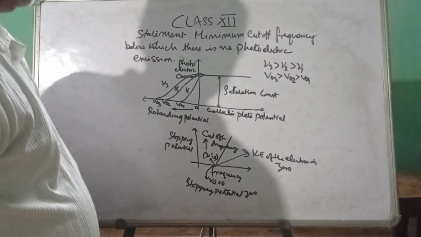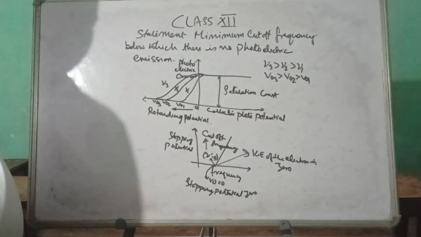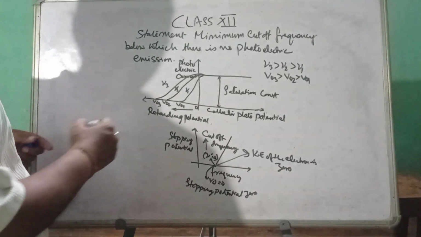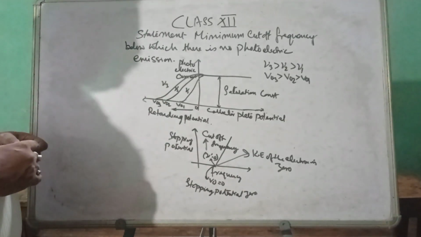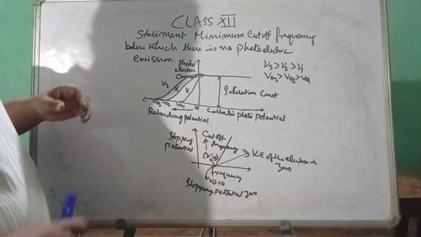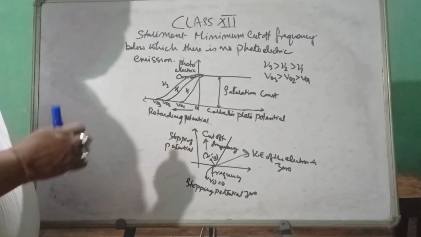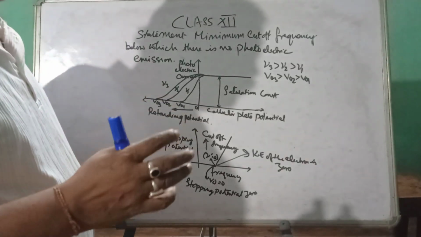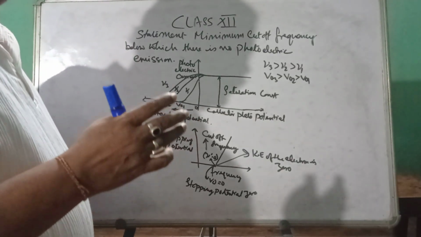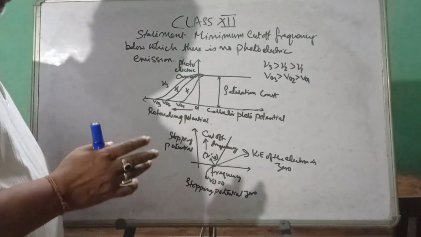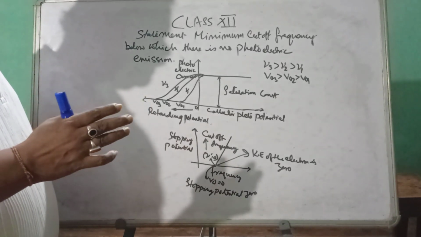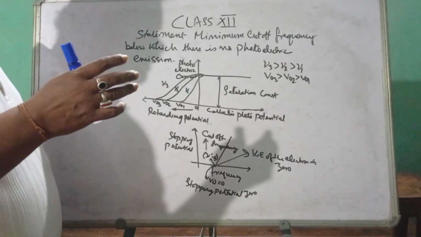Now, one more conclusion from this graph: greater the frequency, greater is the stopping potential. What does this mean? The more the stopping potential, the more kinetic energy the electrons have.